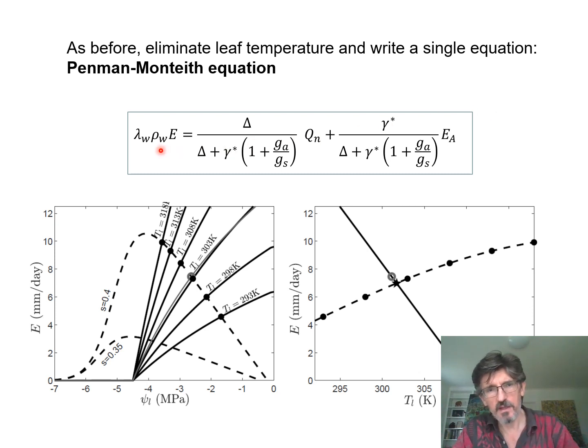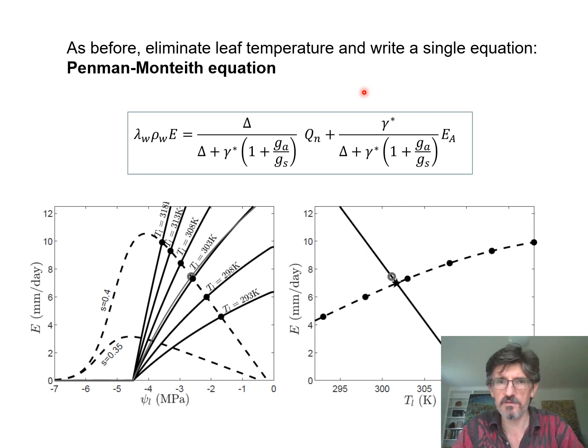So the evapotranspiration or transpiration, in this case through the stomates, is given by two terms like before: a potential term related to potential transpiration, related to the available energy, and a part related to the drying power of air. Now, if the stomatal conductance tends to 0 here and here, it's easy to see that this equation goes back to the Penman equation.